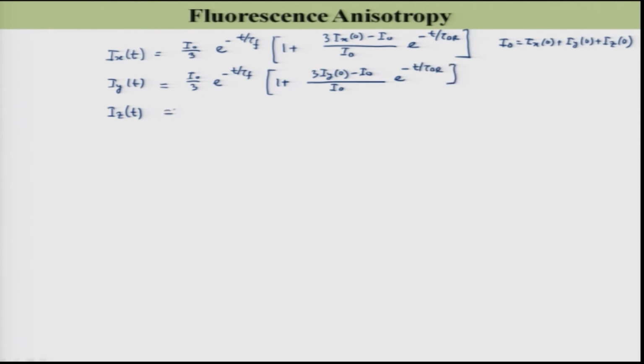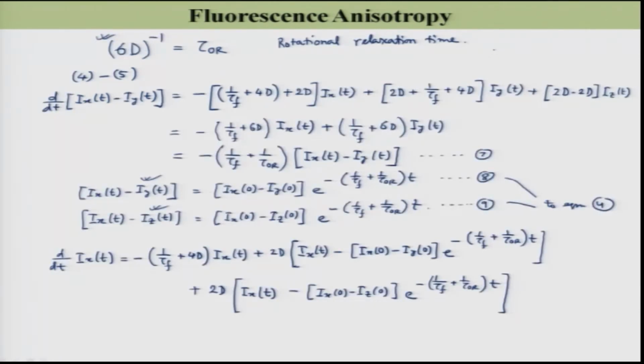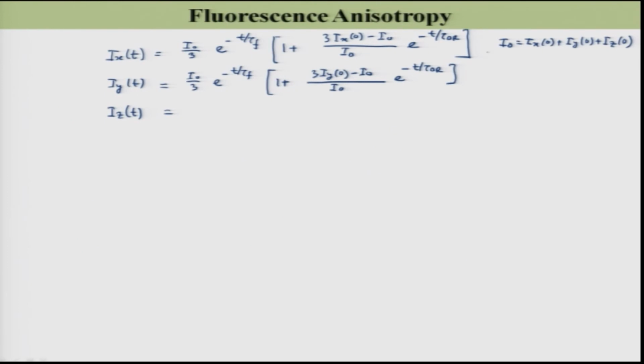Here, let me name them: this is 8, 9, this is 10, then this is 11, this is 12, and I z t is I 0 by 3 e to the power minus t by tau f into 1 plus 3 I z 0 minus I 0 by I 0 e to the power minus t by tau r. This is my 13, right.